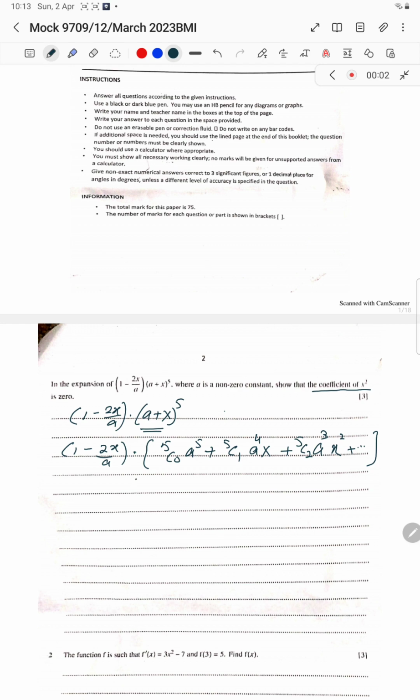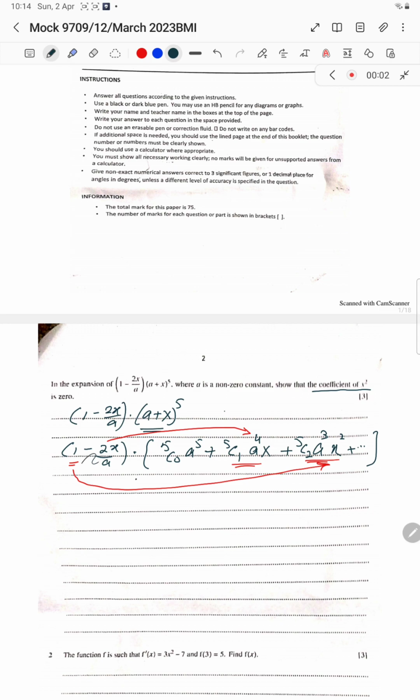As we get x², we need to stop our further expansion. Now, as we are interested in the coefficient of x², when this one multiplies this term we get x², and when −2x/a multiplies this term we again get x². The rest of the multiplications we are not interested in, so we only do the selective multiplication to get x².